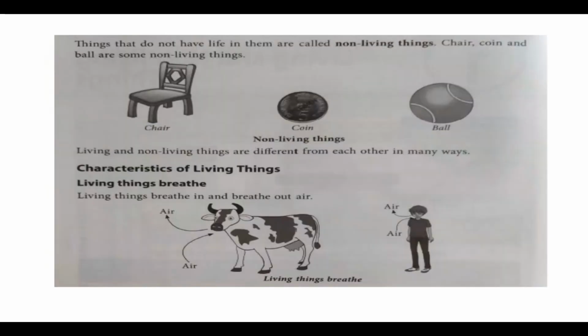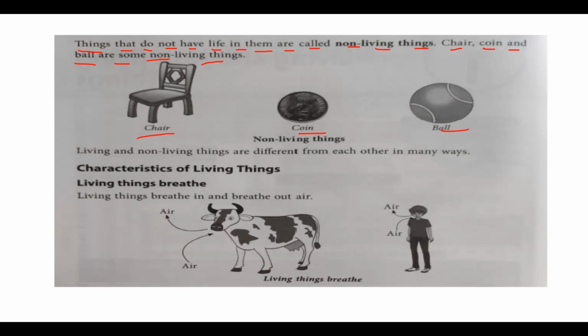And what about non-living things? Things that do not have life in them are called non-living things. For example, chair, coin and ball are some non-living things because they do not have life in them. This is a chair, this is a coin and this is a ball.